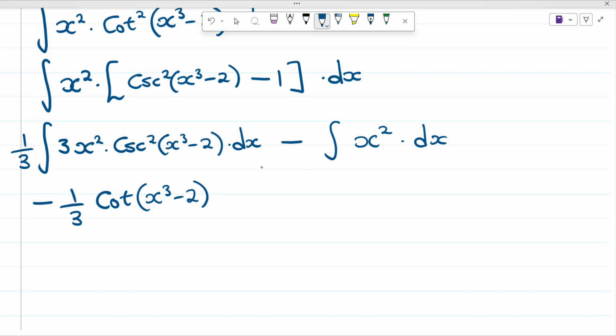And then we move to my guy there. That one is simple, guys. That one is just going to be x to the power 3 divided by 3 plus c. Ta-da! That's just it for that question. I hope you got it.